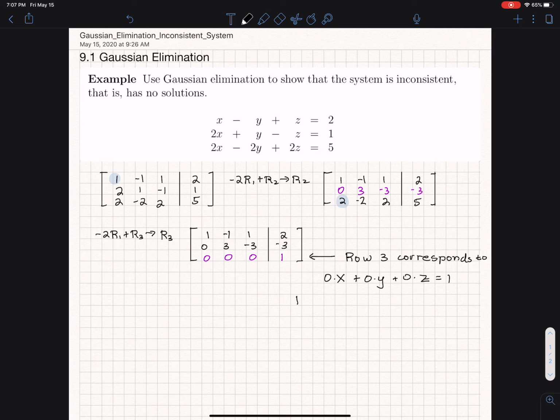So this is a contradiction, and that's what happens when there are no solutions.